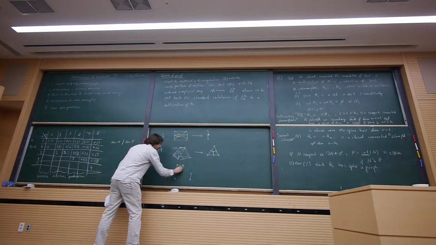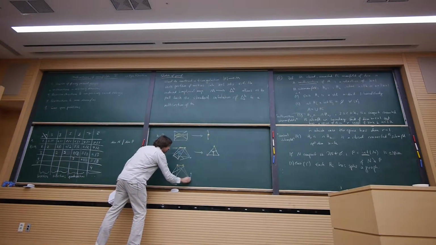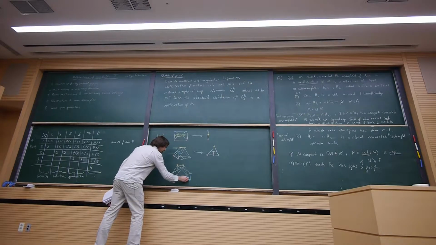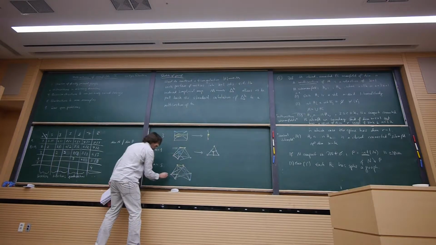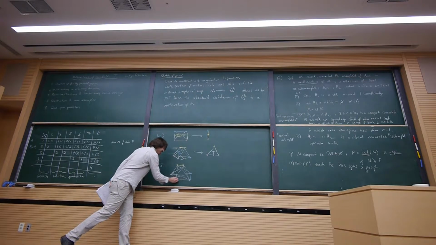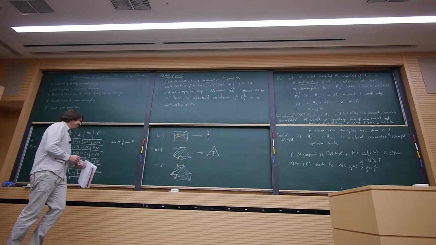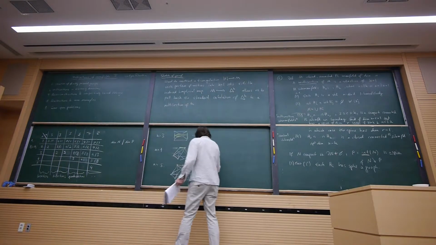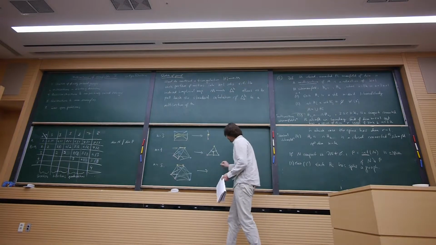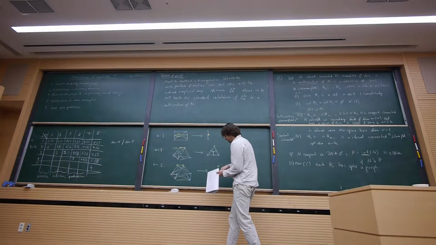I don't know whether anyone knows a better way of drawing a 5 simplex. So anyway, here it is. And again, you just define this map to this guy here.